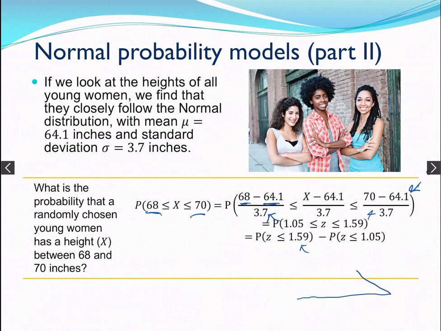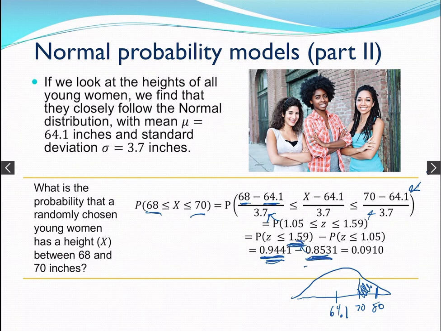So here we have our normal distribution, 64.1, right? I've got 68 and 70, so I need to find the area here. And I do that by taking their z-table values. So here's the z-table value for 1.59, which is our standard score, minus our z-table value for 1.05, and we get 0.0910.